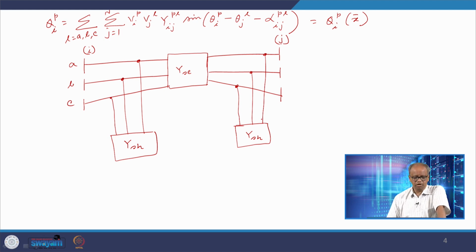So, this is the model of the line. So, it has got Y series as well as Y shunt matrices. Y series is basically a 3 cross 3 matrix.